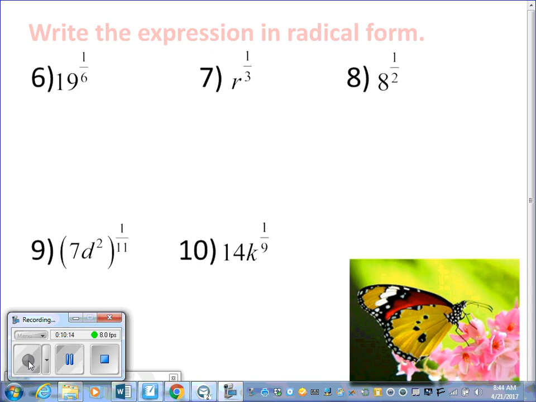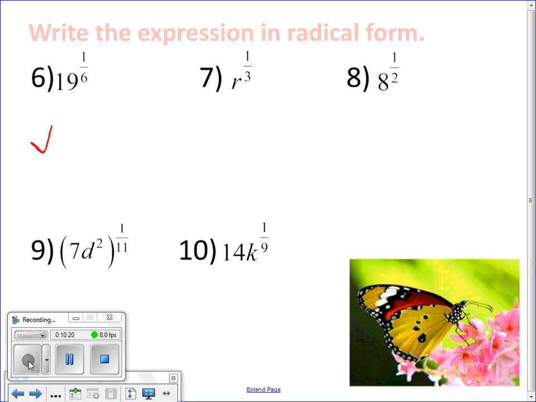Number 6. What about number 6? Ramon? No, the index is 6. Or you could have just read it to me as the 6th root of 19. All right, number 7, Hannah.